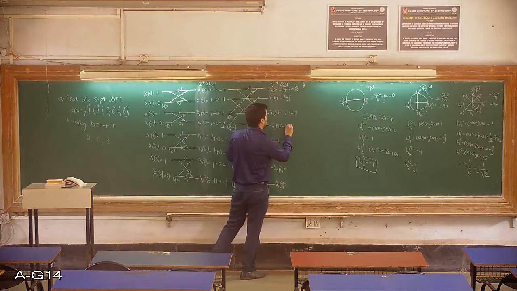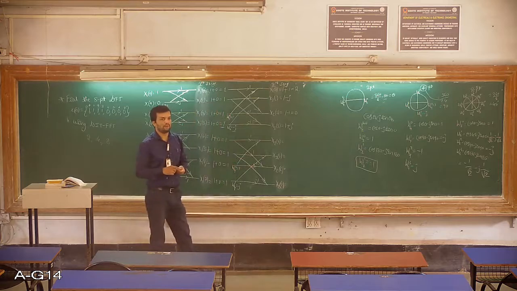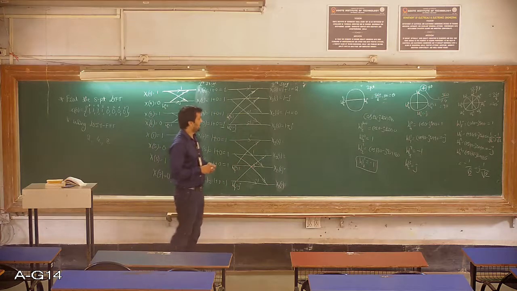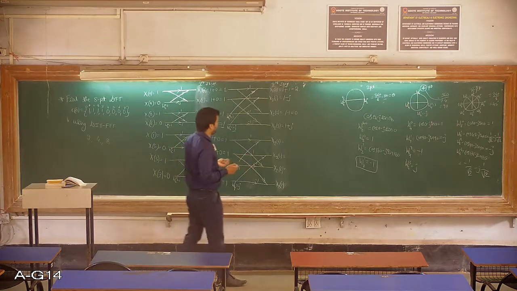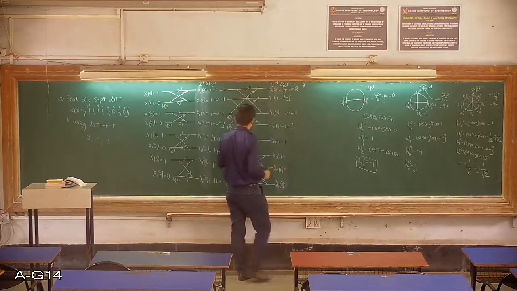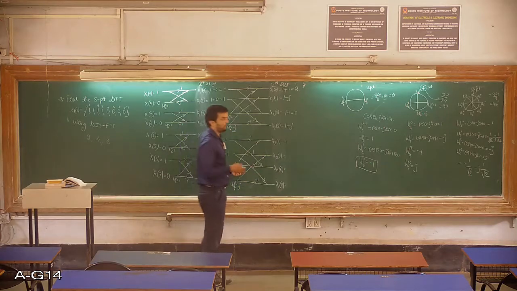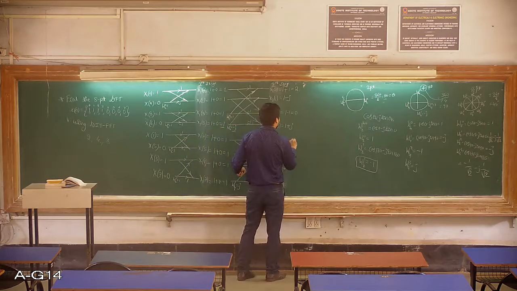So 1 plus j. x2 of 3 is 1 plus j. The next one, x2 of 4. Here it is 1 into 1, we will get 1. And the next value, 1 into 1 is plus 1. So here we will get 2.